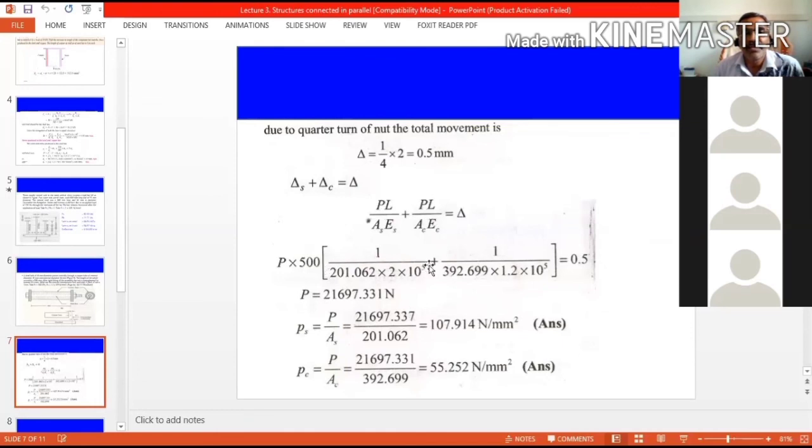So one equation we got. If you solve this equation, you will be able to get the value of P. What is P? Load acting on the copper tube or steel bolt. Using that, you can find the stress. Stress is equal to PS by AS. Directly we used P, this area, and similarly this. So this is the way you have to solve the problem.